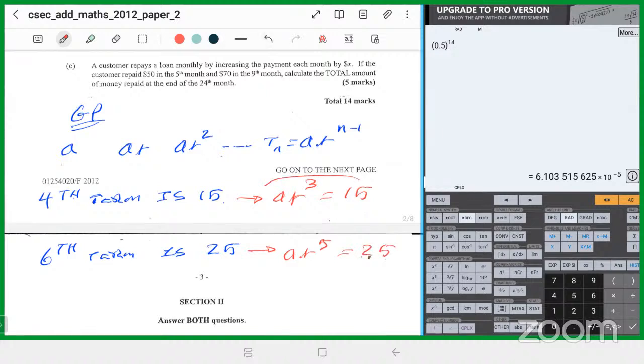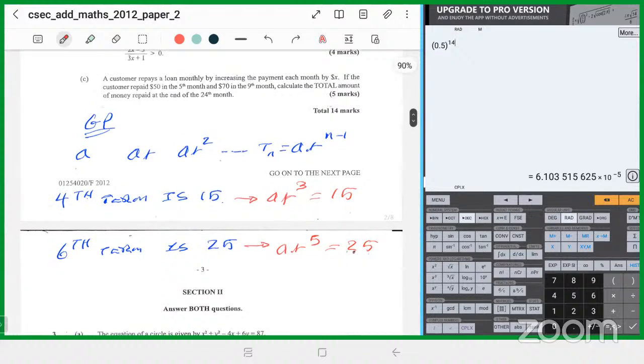Because these are two equations derived through a multiplication process, because that's what the ar is, you keep multiplying by the r, to solve these two simultaneously, it makes sense to divide them. When I divide this side by this side, I will eliminate the a.